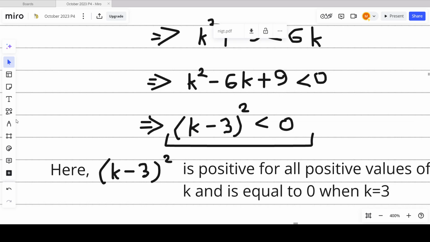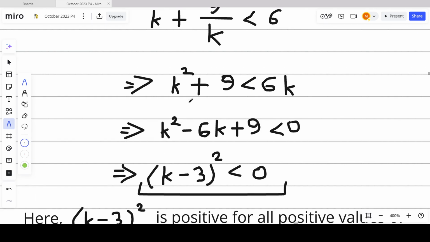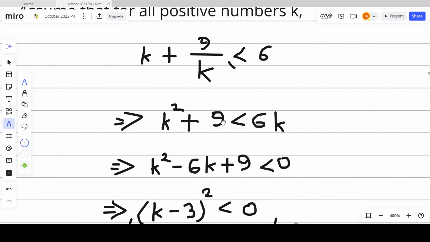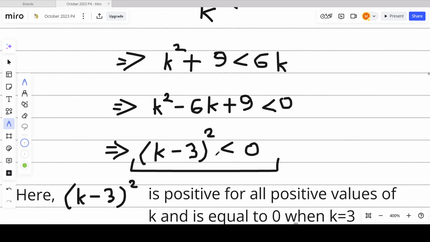Now think about one fact here. If we had considered less than or equal, then there would be a case where this inequality would be true. What case is this? If k is 3, because k is a positive number, you would get 0.